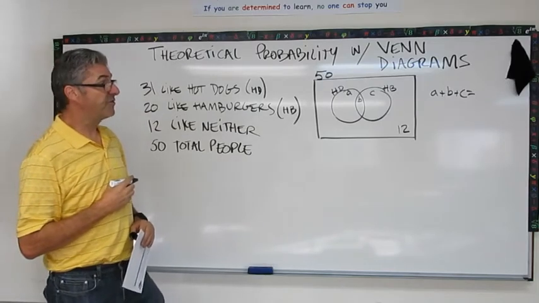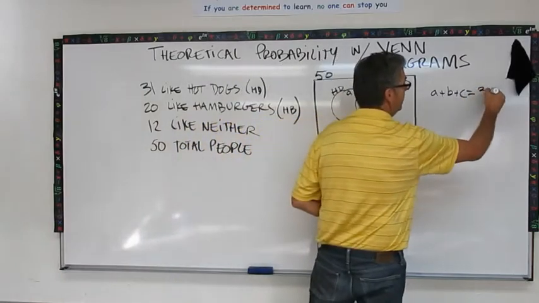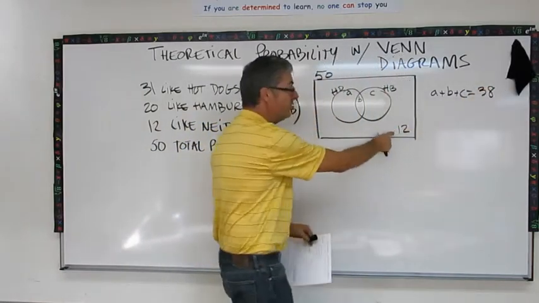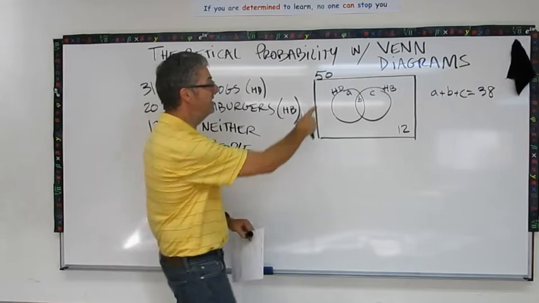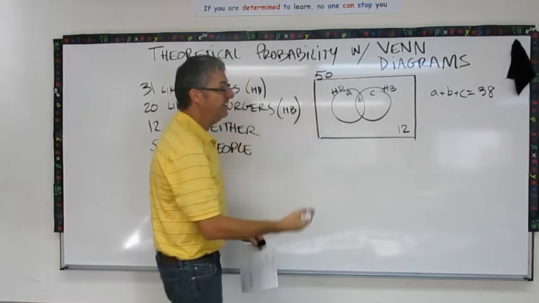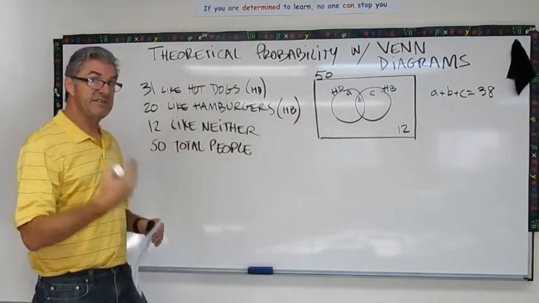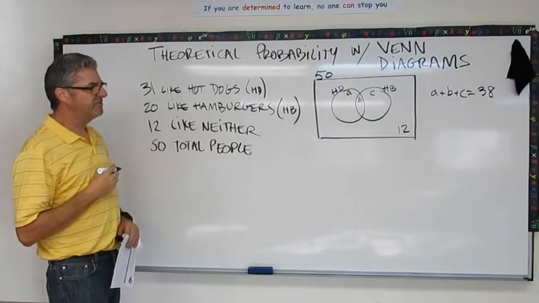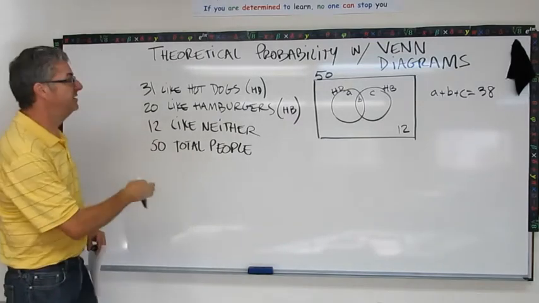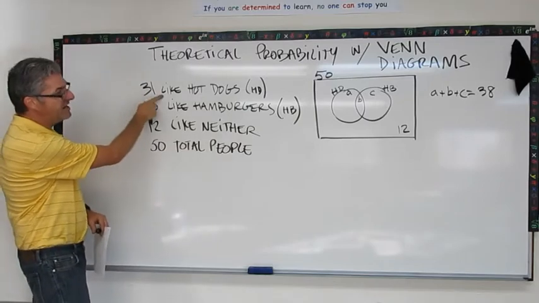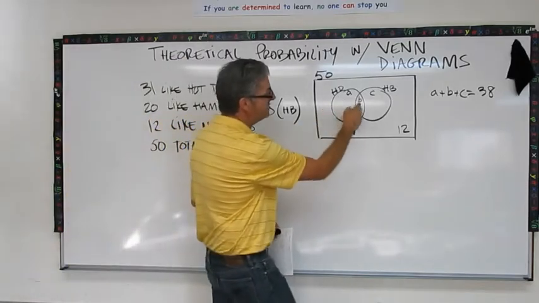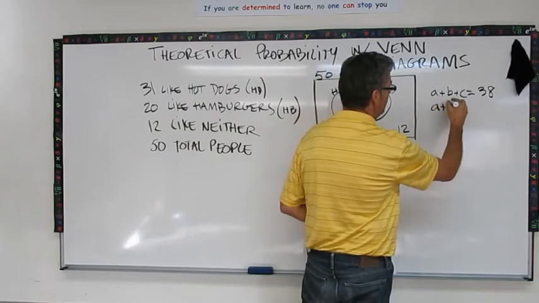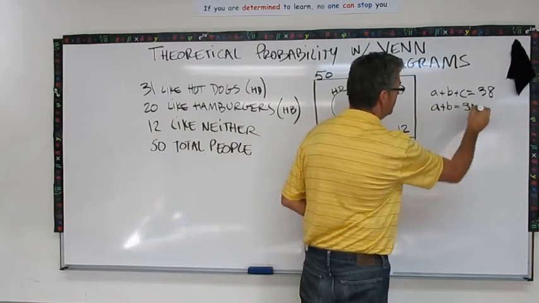Okay, if you got 38, you're right. Because if 12 people don't like anything, then you subtract 12 from 50, and you've got 38 people that like some combination of this food. Okay, so let's figure this out a little bit more closely. 31 like hot dogs, so that's A plus B. A plus B equals 31.